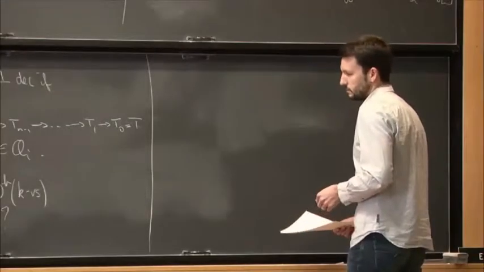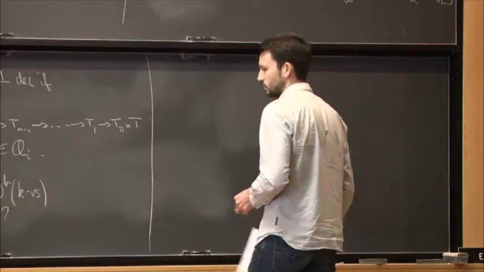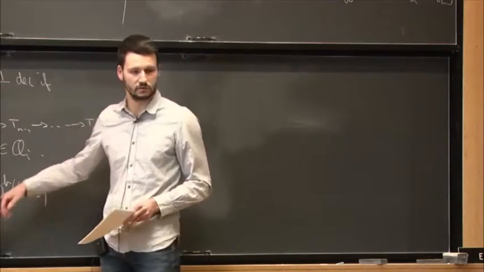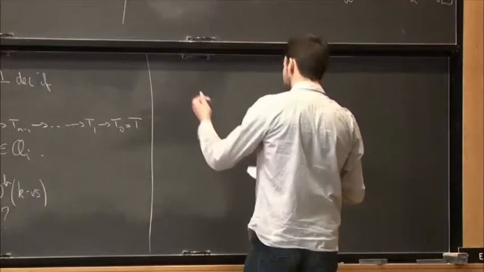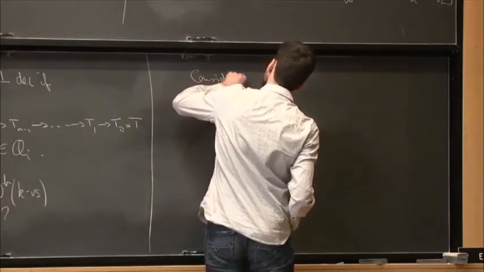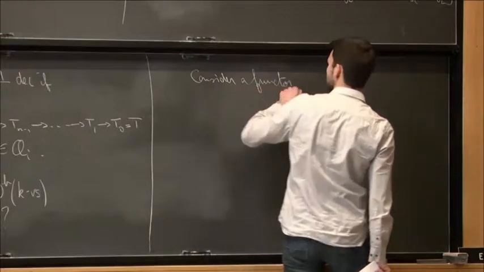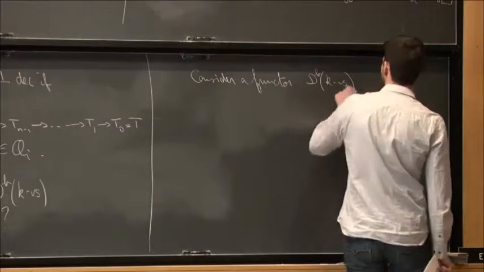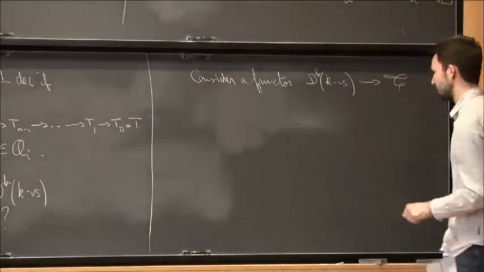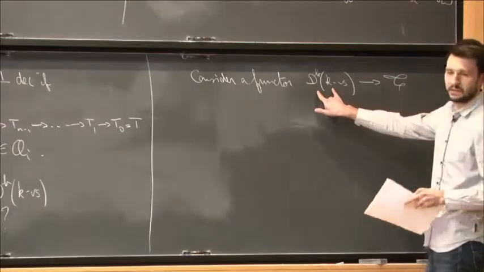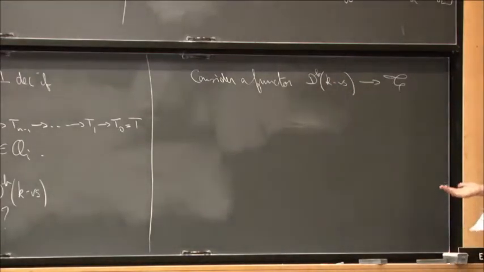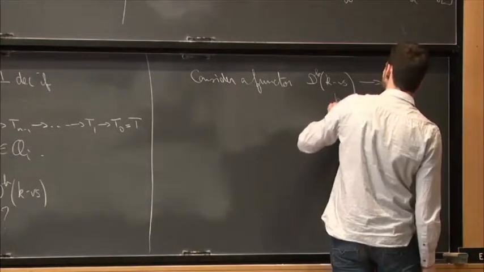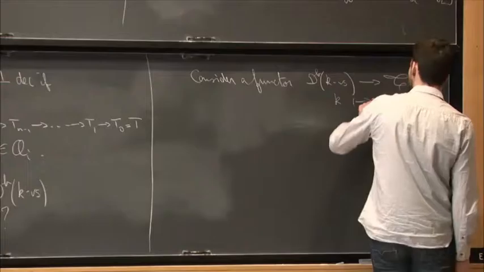Well, basically we want a fully faithful functor from D^b of k vector spaces into T. So consider a triangulated functor from D^b of k vector spaces to T. This category is generated just by the vector space k placed in degree 0, so it's enough to specify the image of k in degree 0.